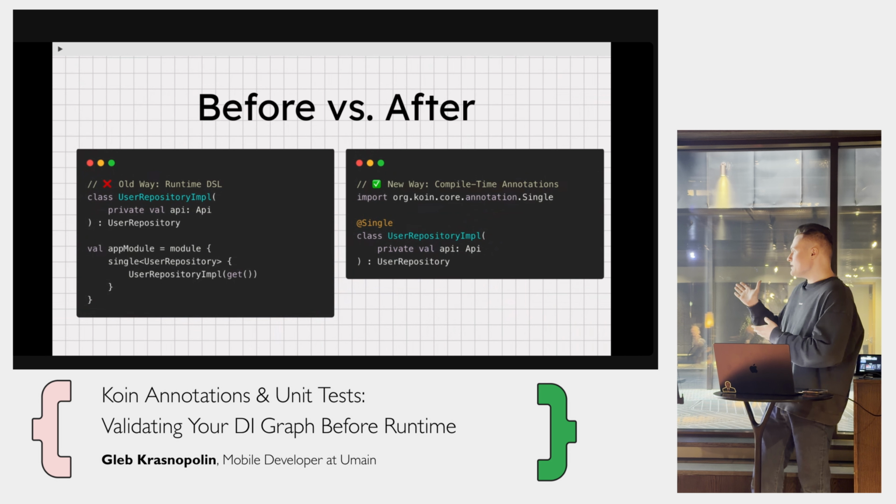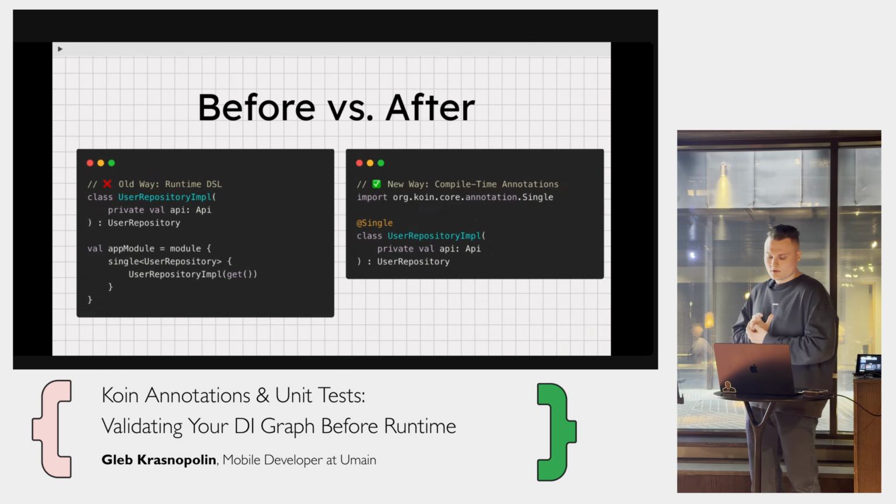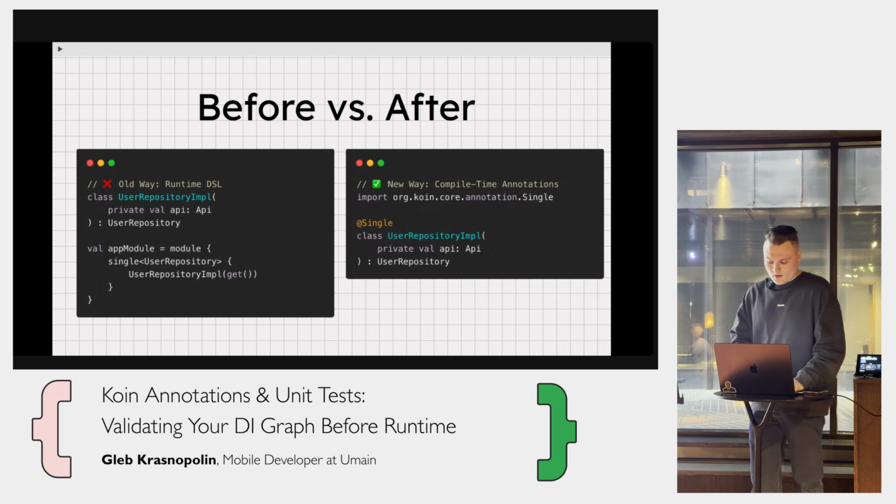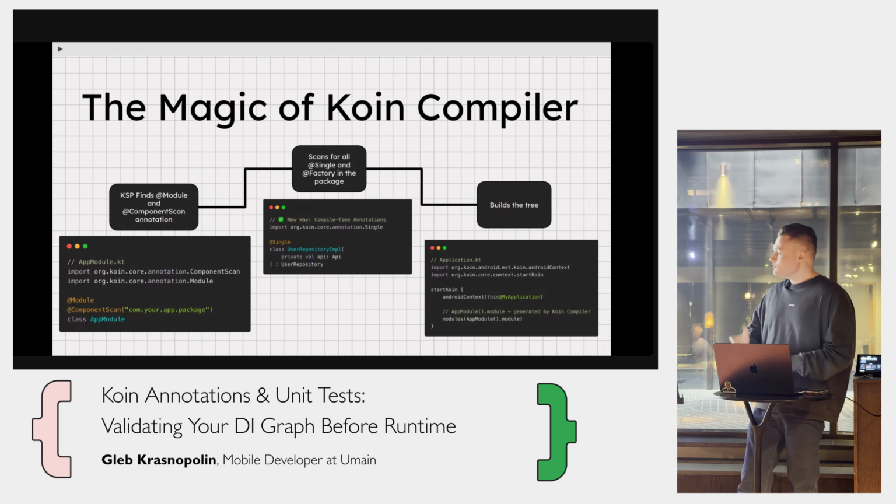But on the right side, we have the annotation with KSP way, and we just annotate our class, UserRepository in this particular case, with single annotation or factory annotation. Both are supported.